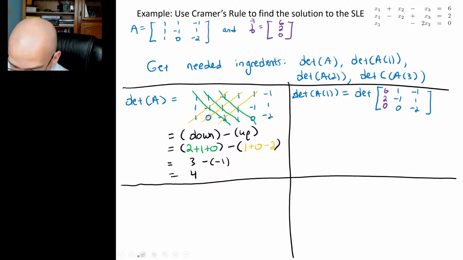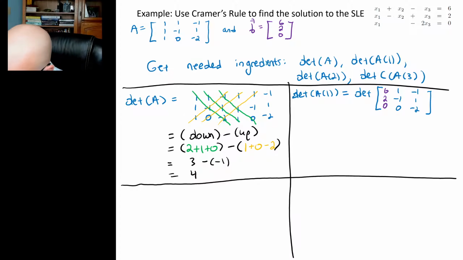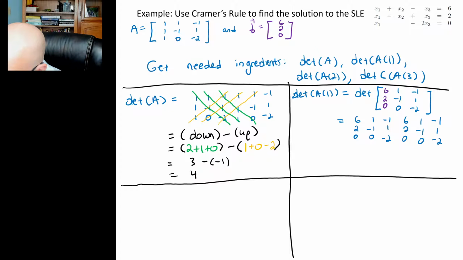So we're going to make 2 copies, put them side by side. So 6, 2, 0, 1, negative 1, 0, negative 1, 1, negative 2, 6, 2, 0, 1, negative 1, 0, negative 1, 1, negative 2.